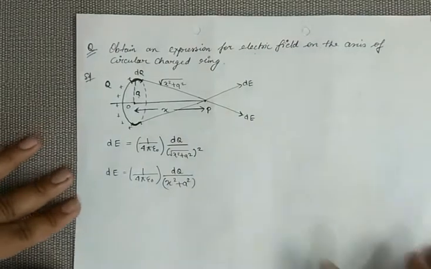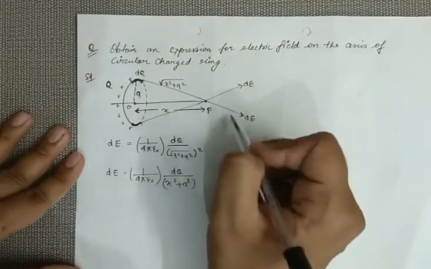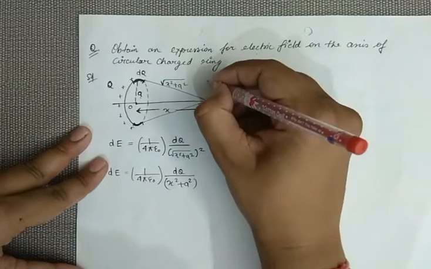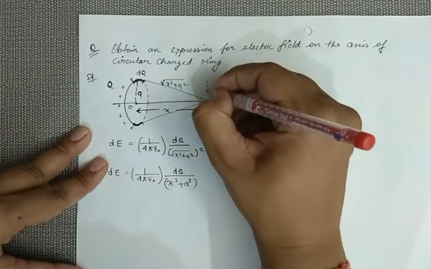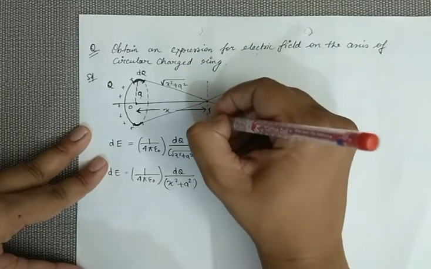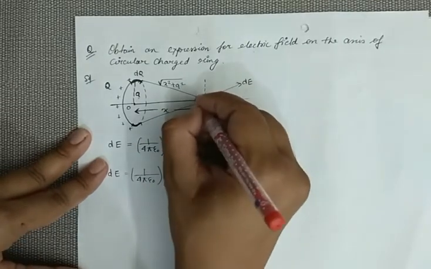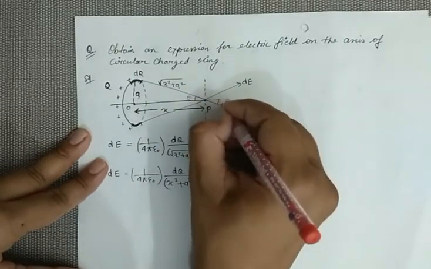Now, this electric field acts at different angles, so we take the components of the electric field. Let us first draw a horizontal and a vertical line. If this is angle theta, then vertically this angle will also be theta.